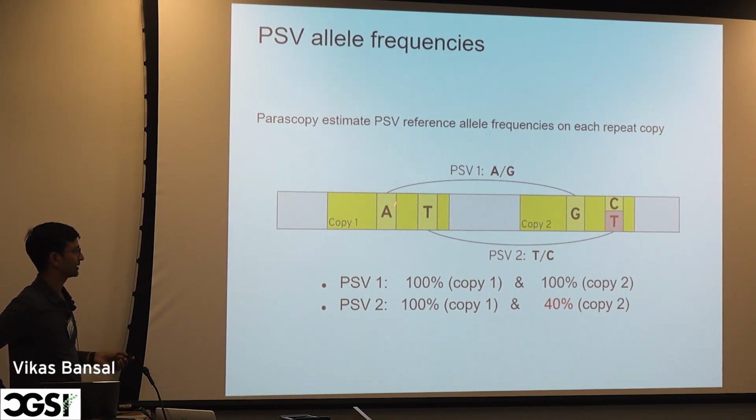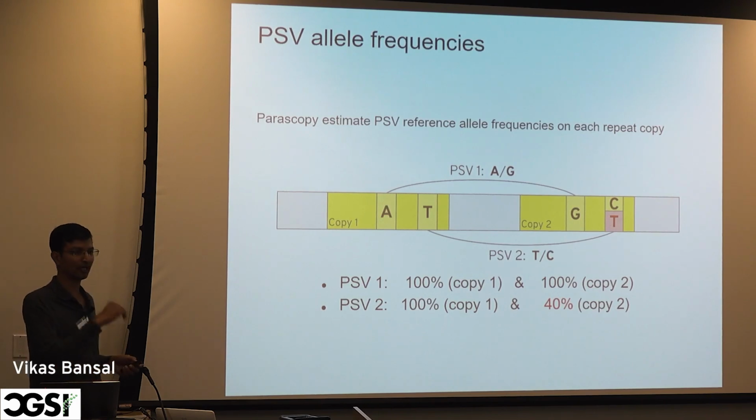If I look at it in the population, 100% of individuals have A in copy 1 and G in copy 2. So I don't see any G allele in copy 1 and vice versa. Whereas if I look at PSV2, then in copy 1 we have 100% T, but in copy 2 there is a mix of C and T. I won't go into the details of how we can estimate these frequencies, but that's part of the copy number estimation.